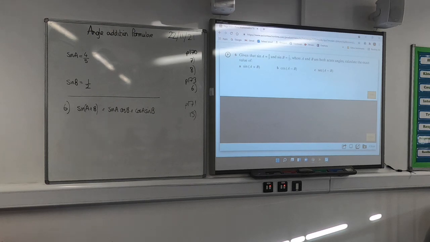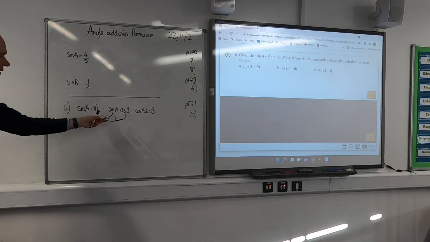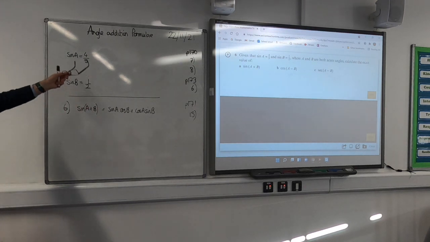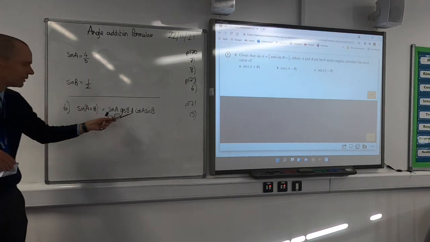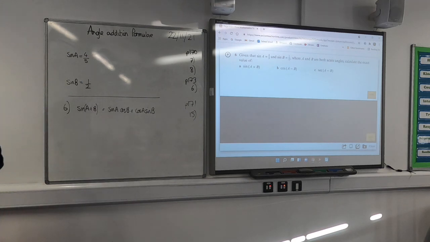So can we just pause on number 6? We're asked to work out the value of sine A plus B in the first part, which requires me to know sine A and sine B, tick, but also cos A and cos B. Haven't got those, have I?